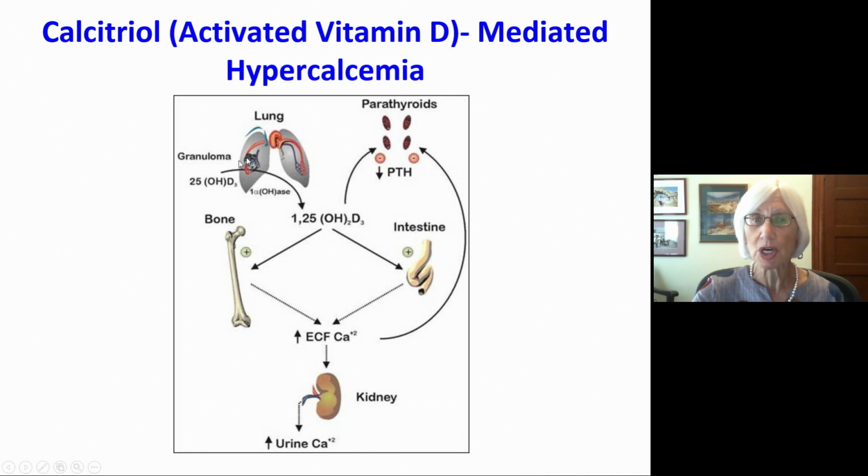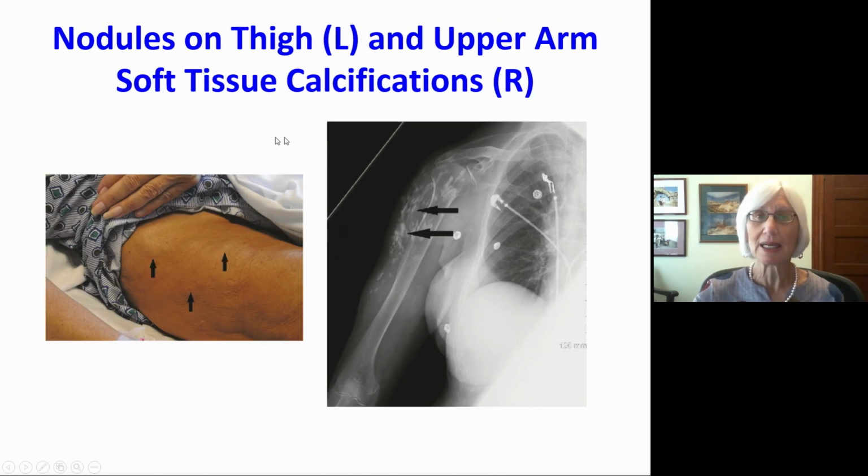Here, the activated sarcoid granuloma in the lungs has the 1-alpha hydroxylase enzyme, just like the kidneys, and converts 25 to 1,25 D. And that, in turn, suppresses PTH, activates bone resorption, releases calcium and phos from bone, acts on the kidneys, and also increases gut absorption of calcium. So this is what happened in this patient.